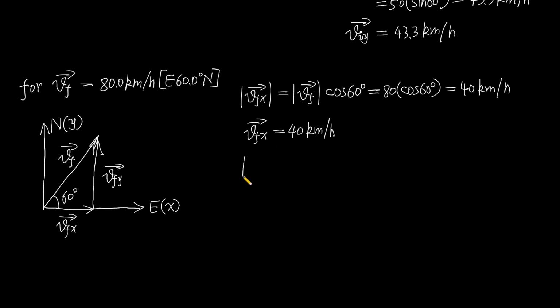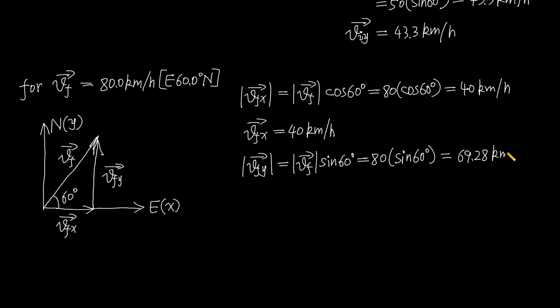Then the final velocity y's magnitude just equals the magnitude of final velocity multiply sine 60 degrees. Now this equals 80 multiply sine 60 degrees and equals 69.28 kilometers per hour.